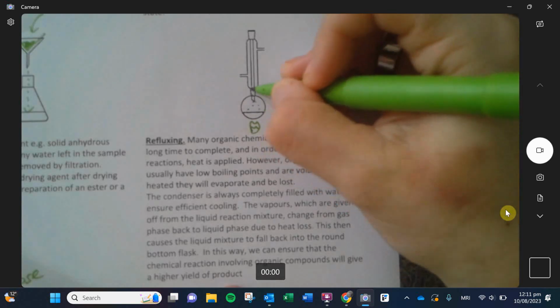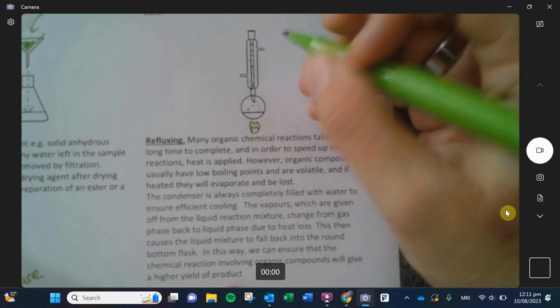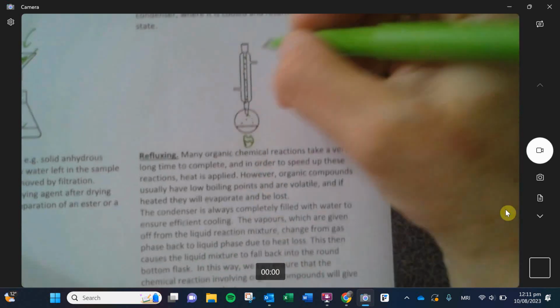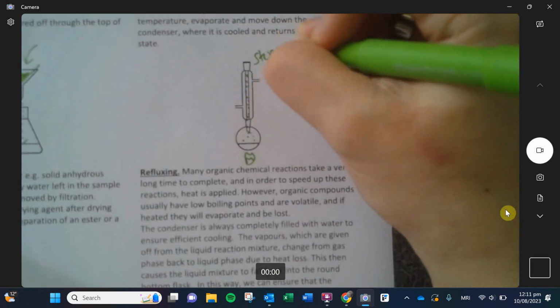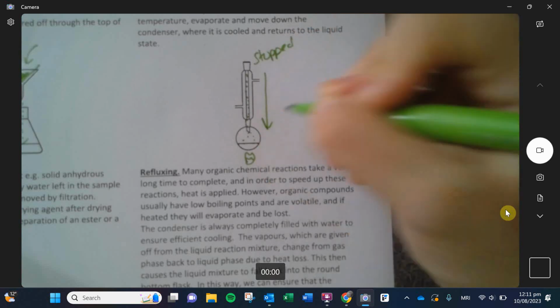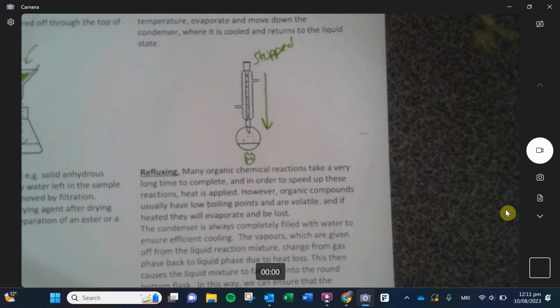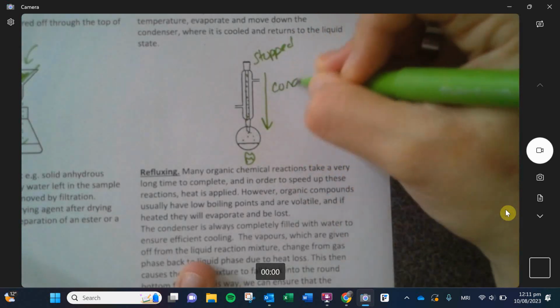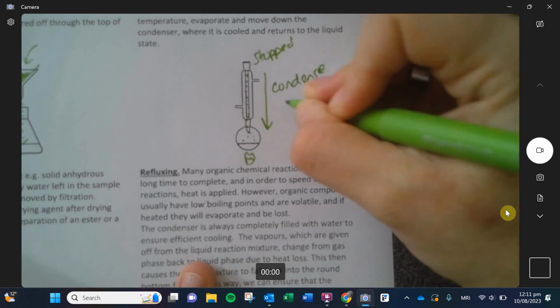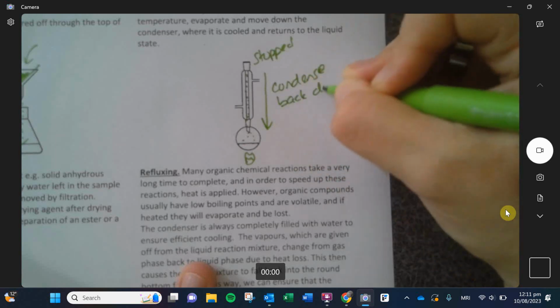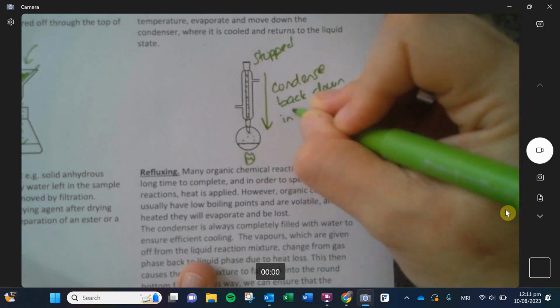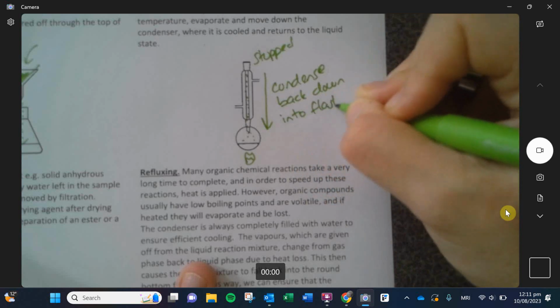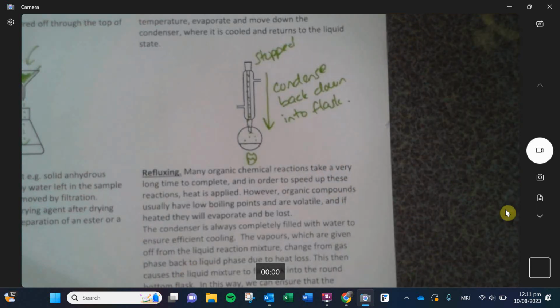The substance obviously starts to boil because we're heating it up, but with the condensing tube being stopped, it will condense back down into my reaction flask. And that's really important because then it makes sure that we don't lose any of our reactants, so we have a higher yield.